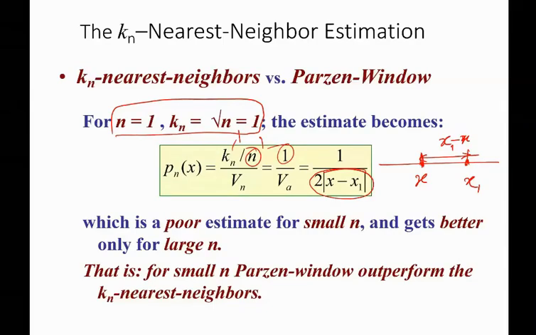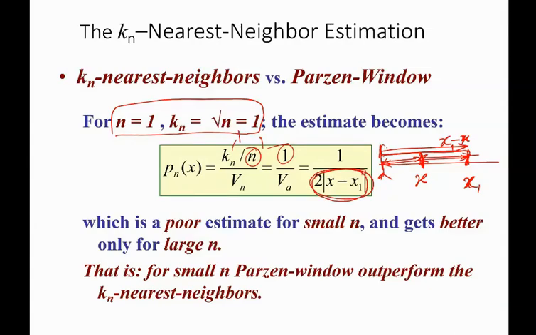So what happens is you need to fix a volume of this much length around x, because the right hand side length and left hand side length are the same. So this point will be x minus x1, and this distance is twice of that.